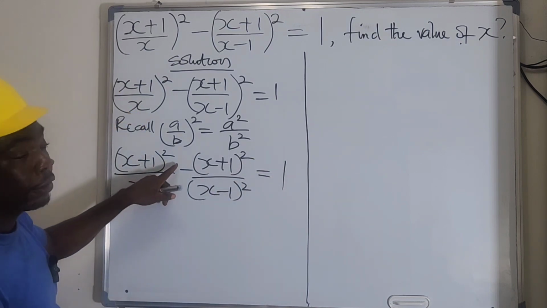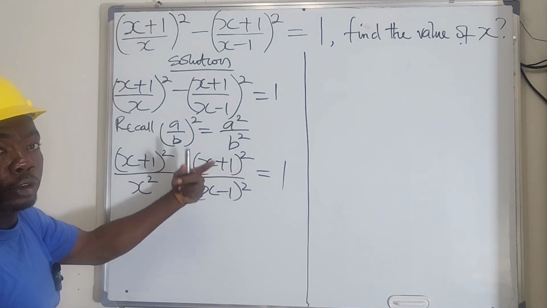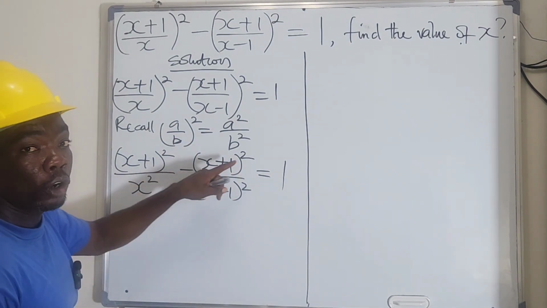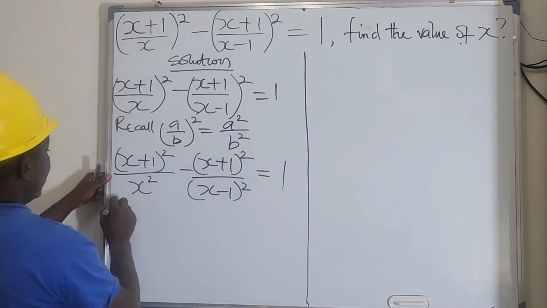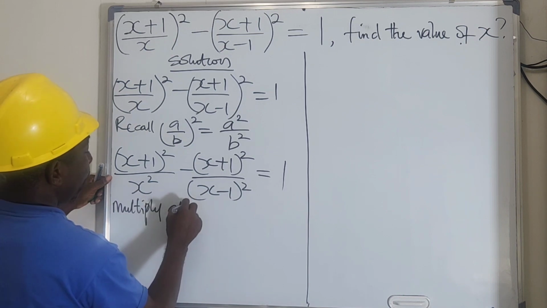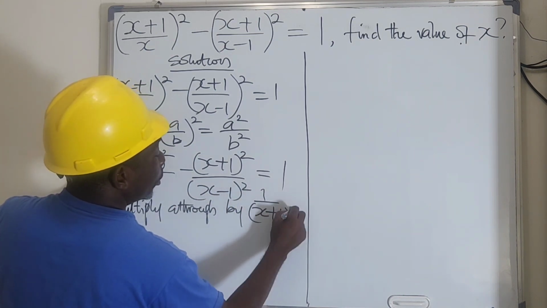So in this case, we have x plus 1 squared here and x plus 1 squared here. We are going to simplify that by multiplying all through by 1 all over x plus 1 squared. So we say multiply all through by 1 all over x plus 1 squared.